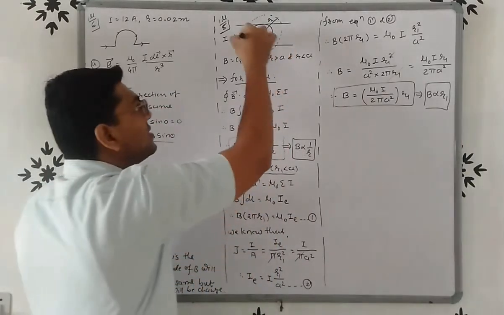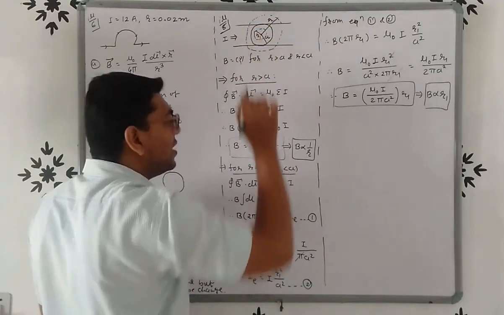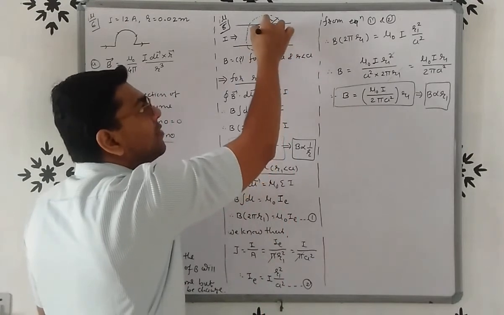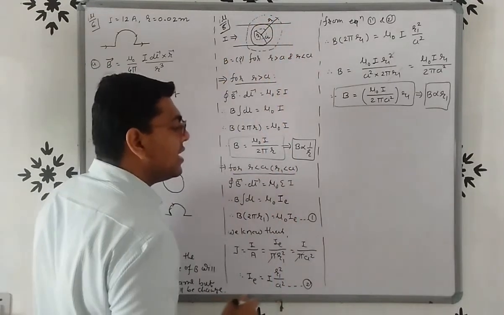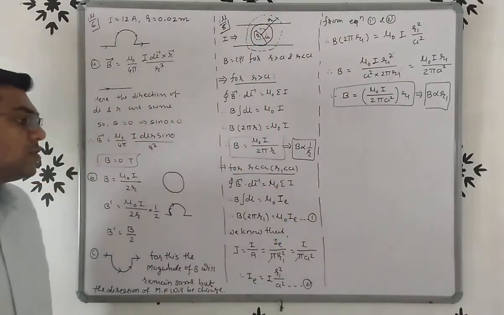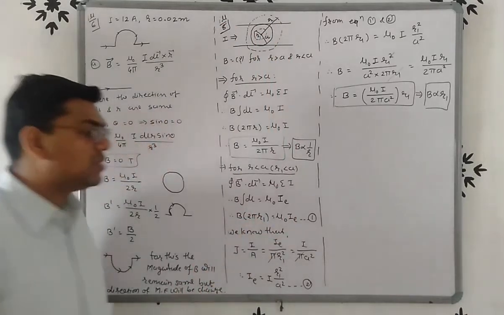Because see here friends, current I is passing through the cross section having radius A, but here A is greater than R1, or we can say R1 is less than A. So the current passing through R1 is IE. So B integration dl, that means 2 pi R1, is equal to mu 0 IE.